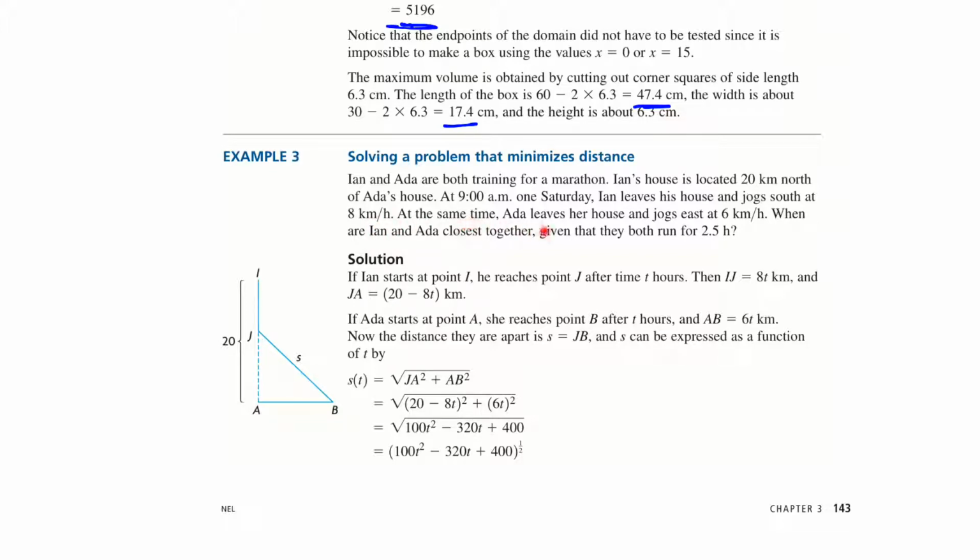At the same time, Ada leaves her house and jogs east at 6 kilometers per hour. When are Jan and Ada closest together, given that they both run for 2.5 hours?